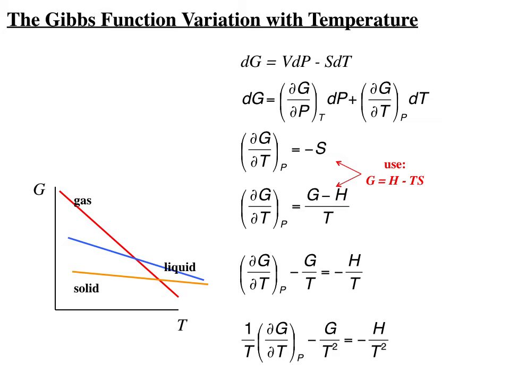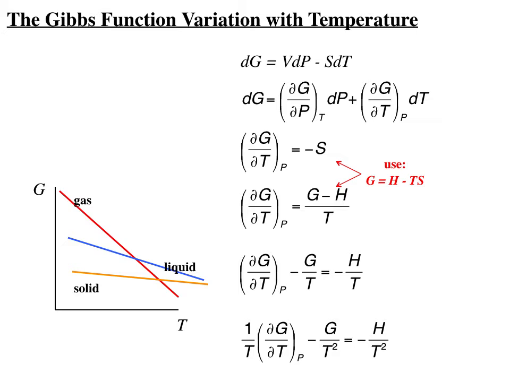Then, because dG is a state function and an exact differential, and because it is a function of P and T, I can say that the increment of change in the Gibbs function is the slope of the function in the G-P plane times the increment of change dP plus the slope of the function in the G-T plane times the increment of change dT.